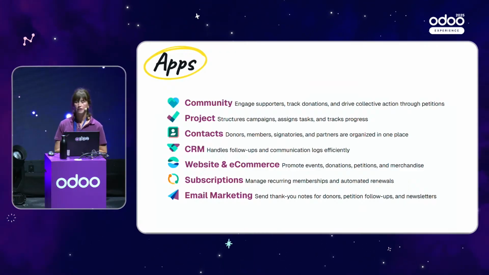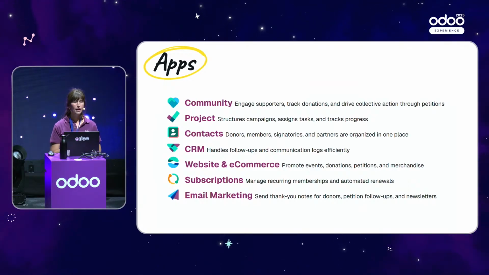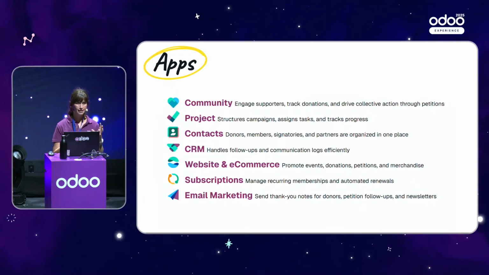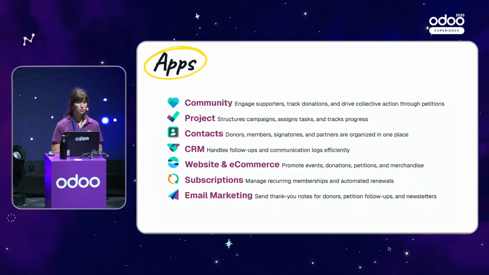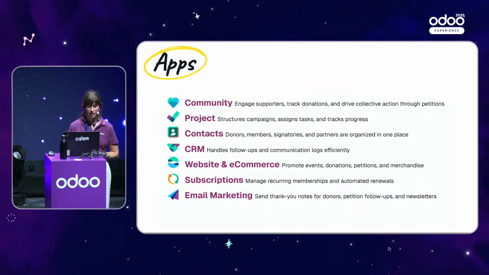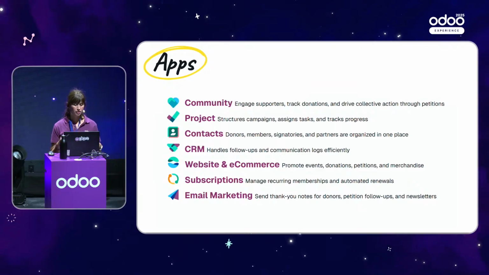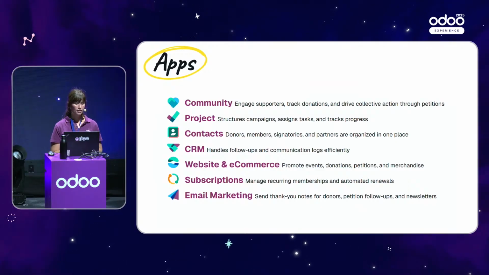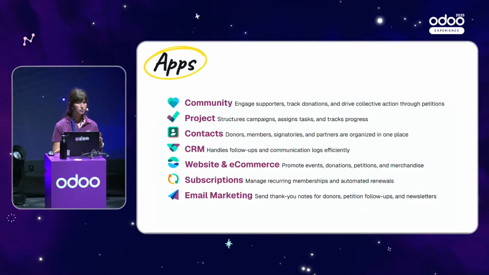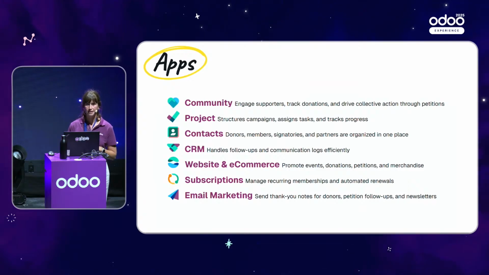Then with projects, you will be able to structure your campaigns, assign tasks, assign priorities, and track the progress of the whole campaign. Then we have the contact portfolio. The contacts application helps you to organize efficiently all your contacts, so donors, members, signatories, volunteers, everything in one place. Then we have the website and e-commerce.